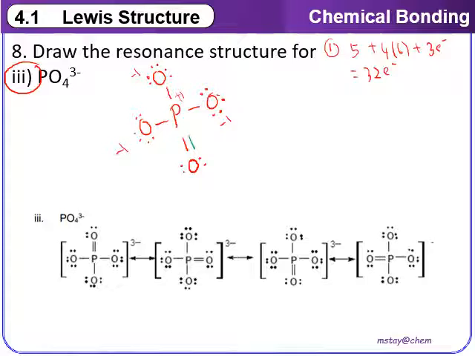Once the double bond is formed, we know the formal charge for oxygen will become 0, and for the phosphorus at the same time will also become 0. So in this case, we know this is the most plausible Lewis structure for the PO₄ negative ion, compared to the previous one.